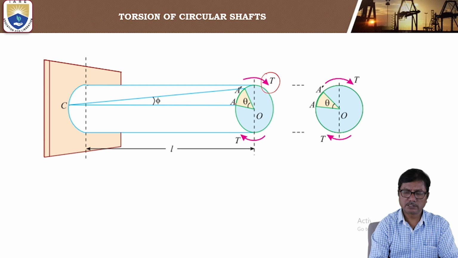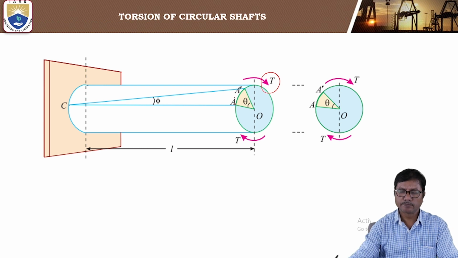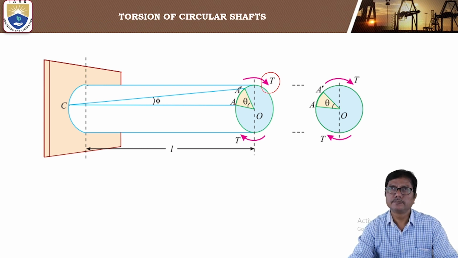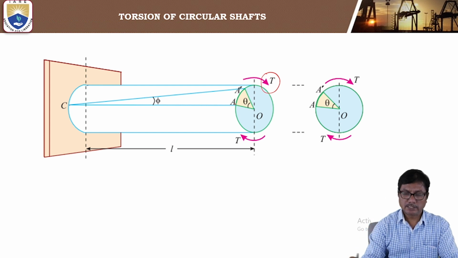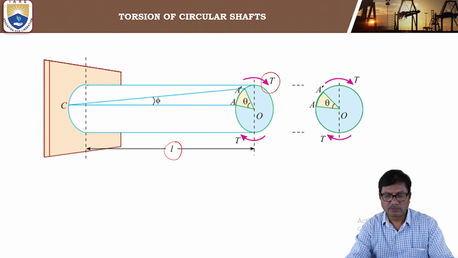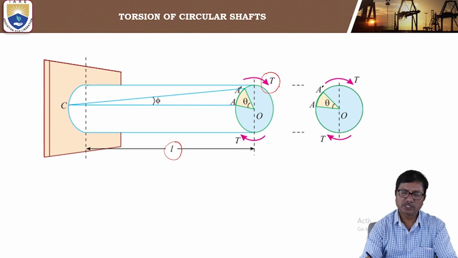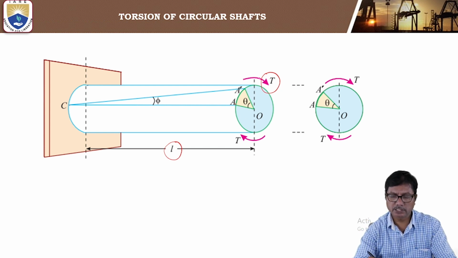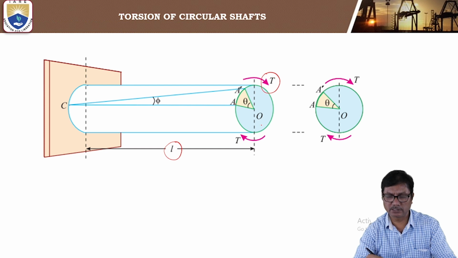The line CA is parallel to the axis of the shaft, and the length of the shaft is L. After twist is applied, the cross section undergoes distortion.